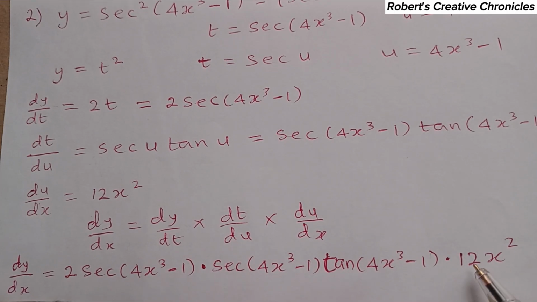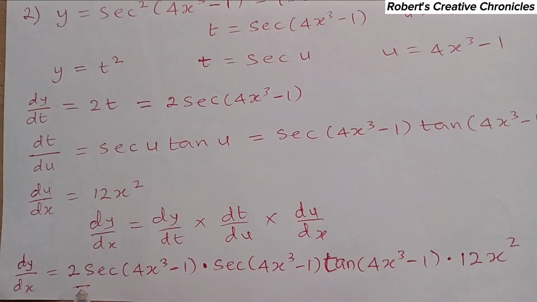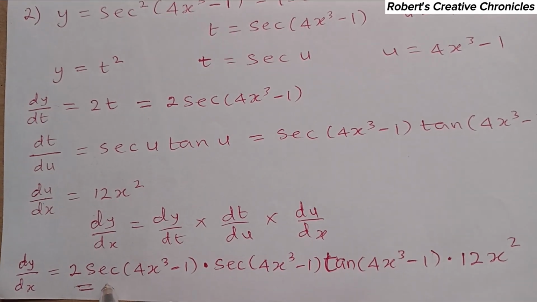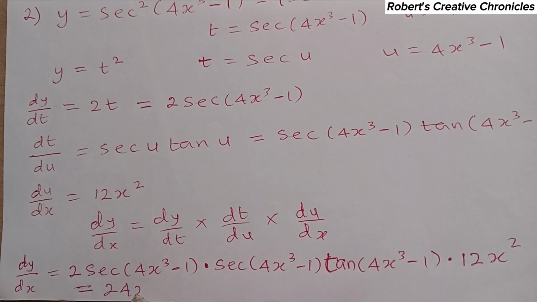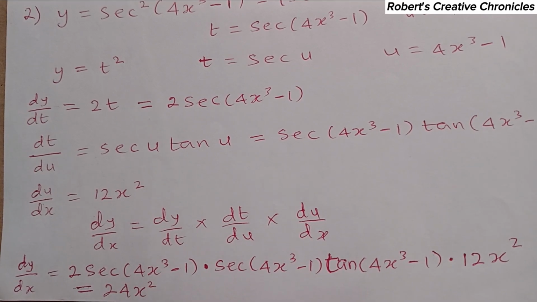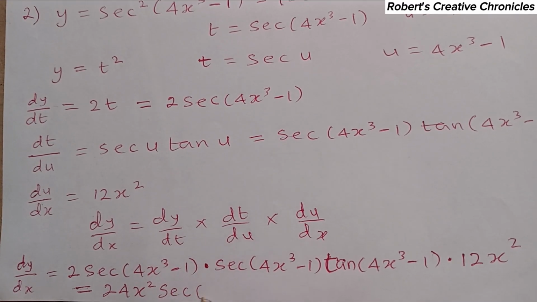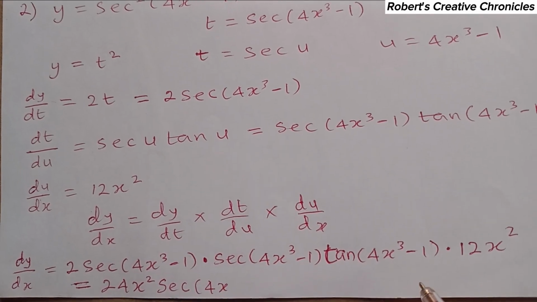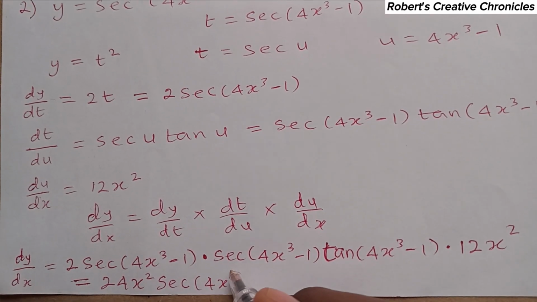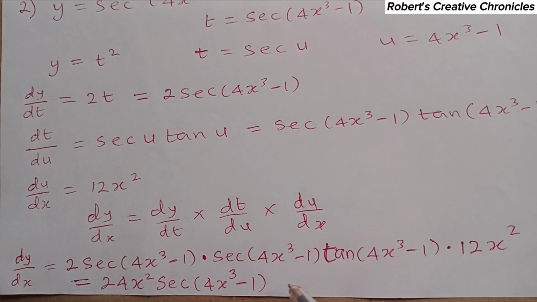So now, we can multiply 2 and 12x squared, which is equal to 24x squared. It will be 24x squared sec(4x cubed minus 1).